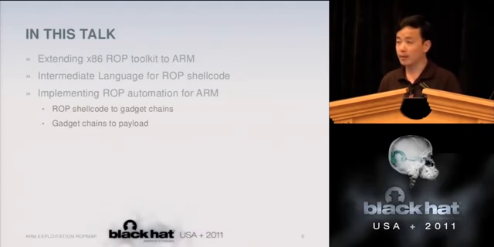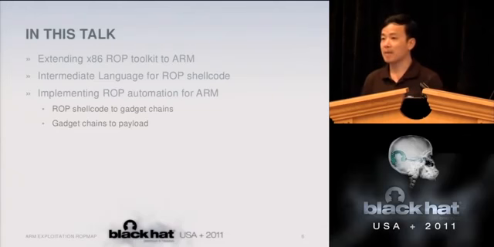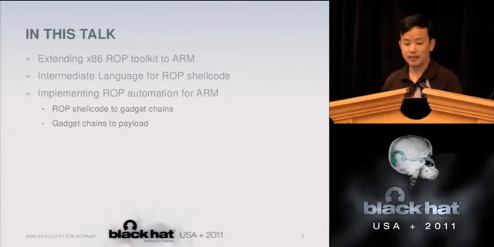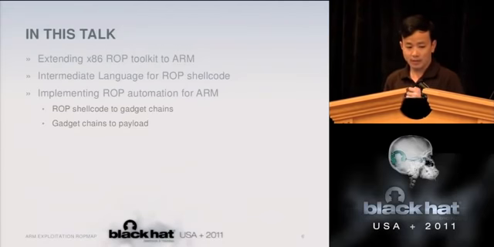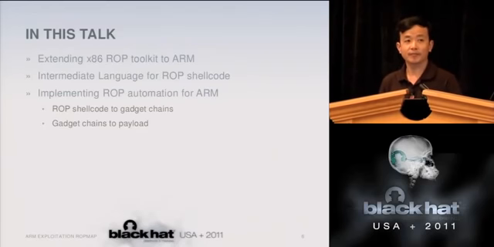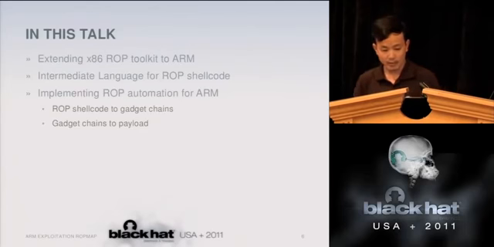And the third one, we will show an implementation. We can call it a ROP assembler, to assemble the ROP shellcode to the payload. That is one of our implementations. From what we present here, you can build your own toolkit.